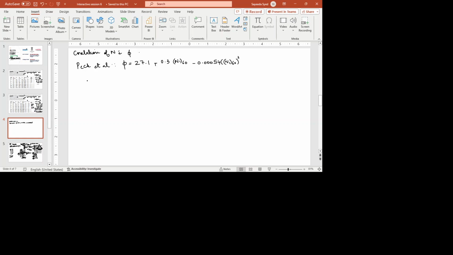And the same relationship given by Schmertmann is this, 1974. You can refer to B.M. Das for this.